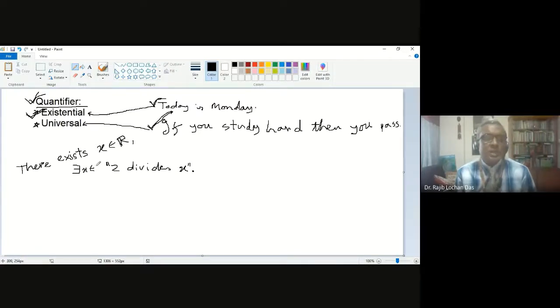So you can write x belongs to R, comma, 2 divides x. We use the existential quantifier symbol like this, which is the opposite of E. This is the existential quantifier symbol.